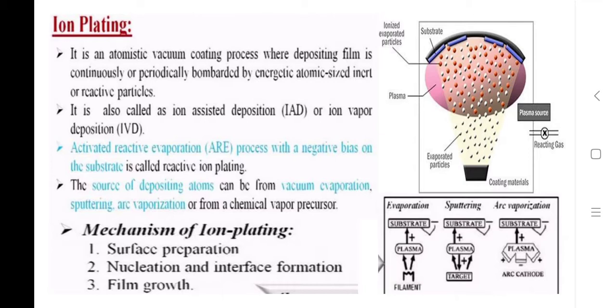It is also called ion assisted deposition, IAD, or ion vapor deposition. Activated reactive evaporation with a negative bias on the substrate is called reactive ion plating. It depends upon the source, so using different sources it has different nomenclature, and the source of the depositing atoms can be from vacuum evaporation, sputtering, arc evaporation, or from a chemical vapor precursor also.